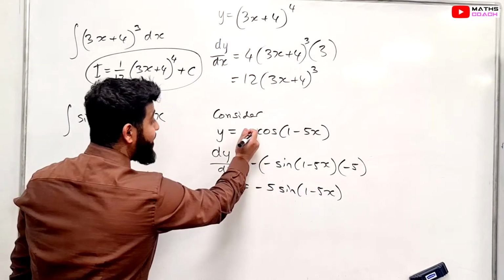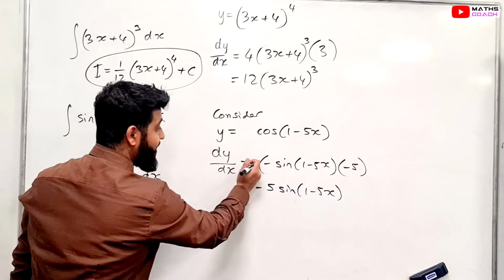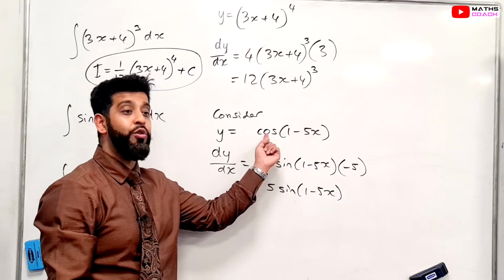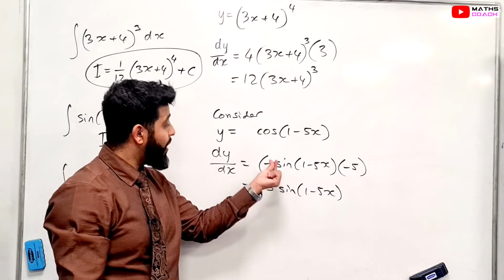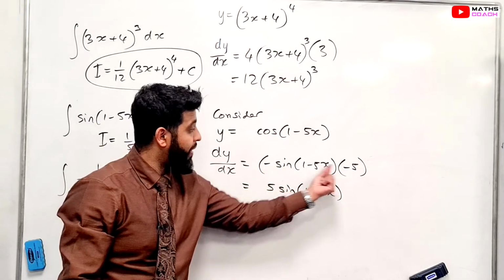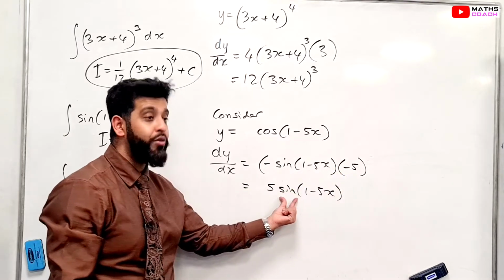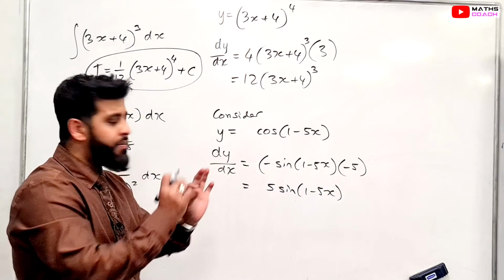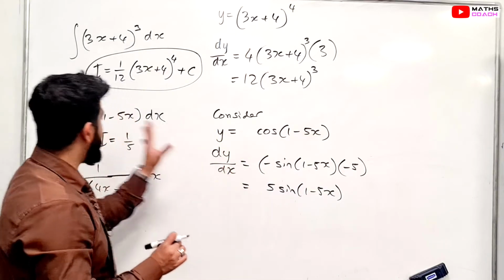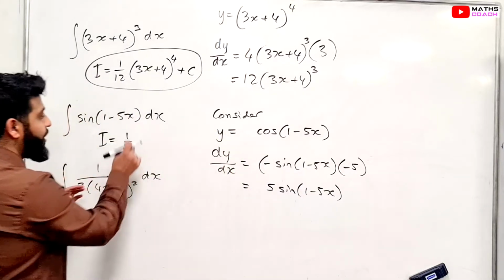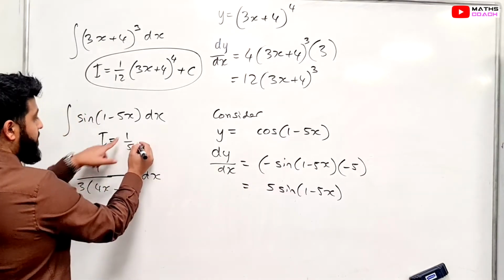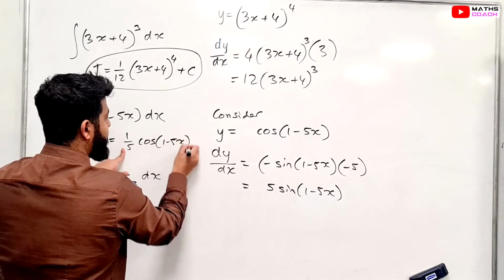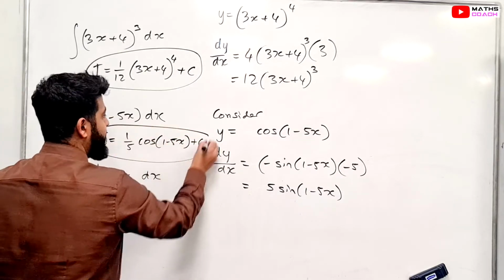So really, we can take out this minus and then we won't end up with a minus overall, because the minus that the cos will produce on its own will multiply with this minus, giving us a positive. So you can always make little changes like that to get what you need. All right. So ultimately you want to divide by 5 though, right? So minus 1/5 cos(1 - 5x) plus c. And that's this one's integration.